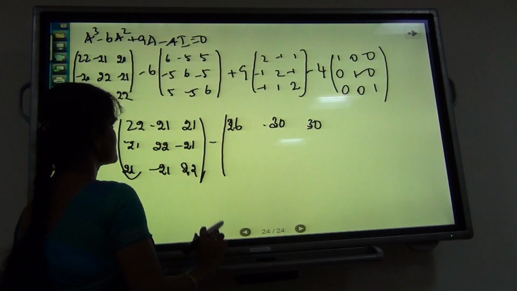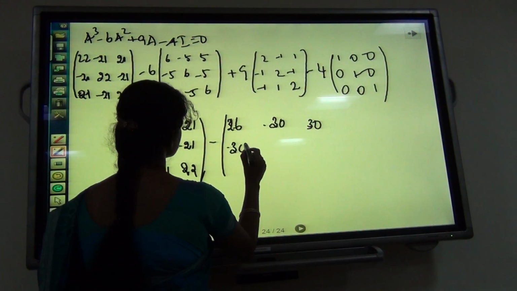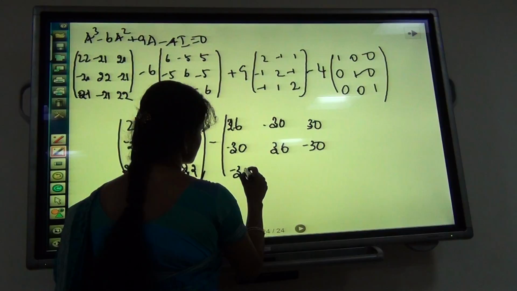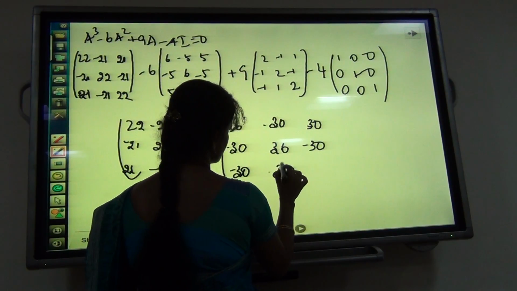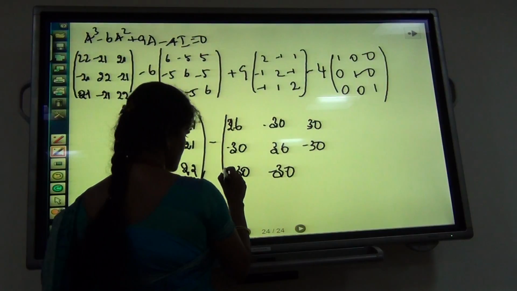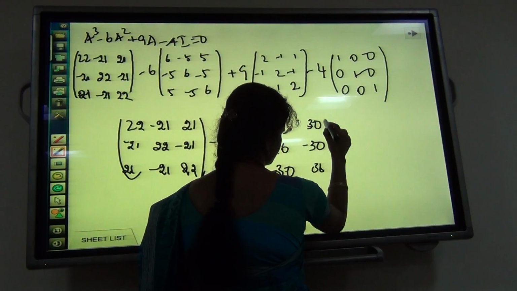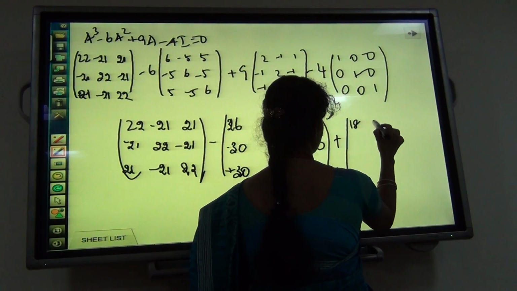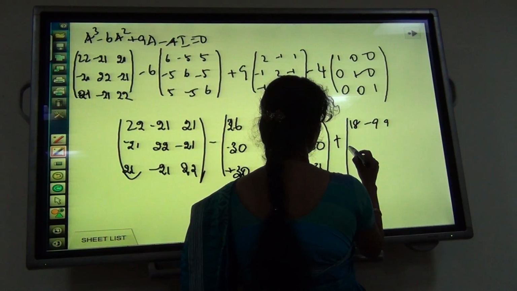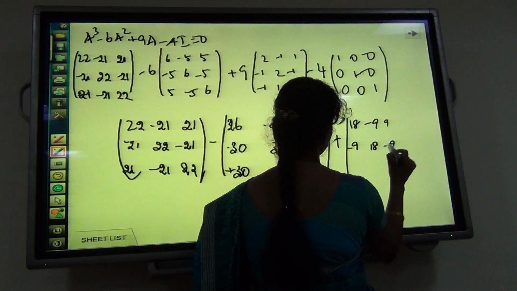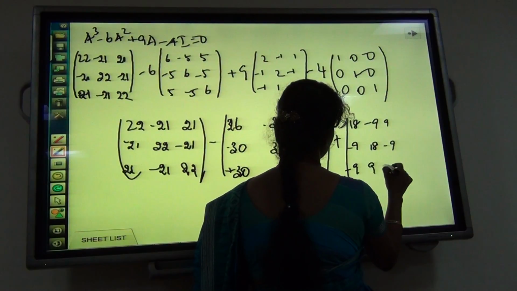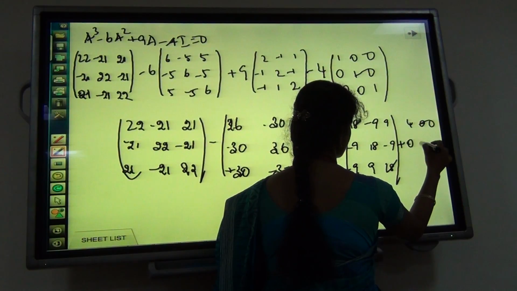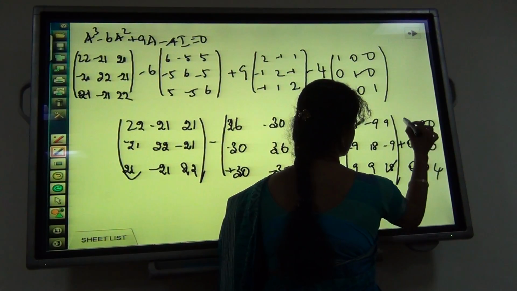We are multiplying just 6 with it, so minus 30, 36, 30, minus 30, 30, this is plus 36. Plus 9 times, you get 18 minus 9, 9 minus 9, 18 minus 9, minus 9, 9, 18, plus 4, 0, 0, 0, 4, 0, 0, 0, 4.